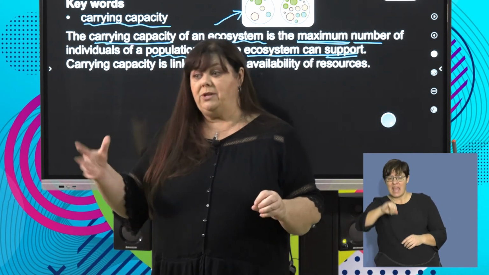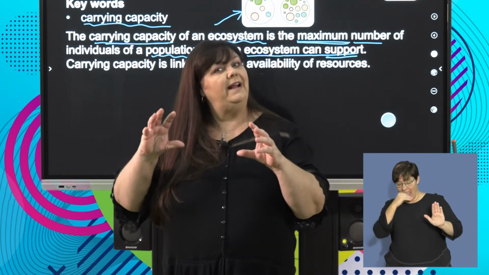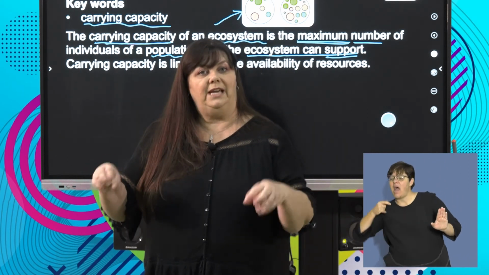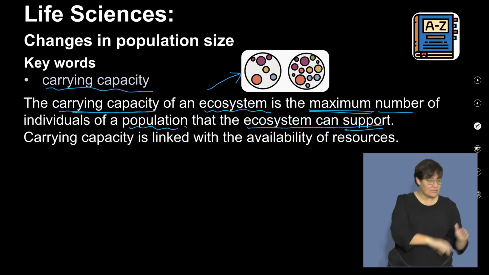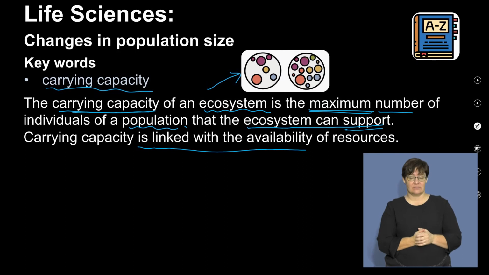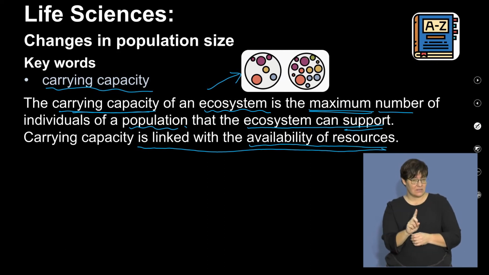It might be able to have extra lions in the area, but as far as elephants are concerned, it's reached its carrying capacity. So this concept of carrying capacity is always linked to the availability of resources.